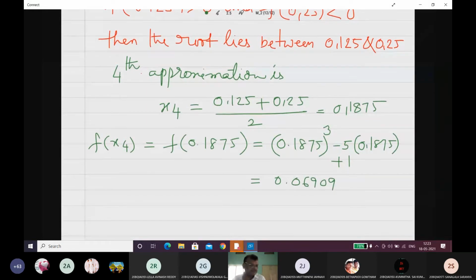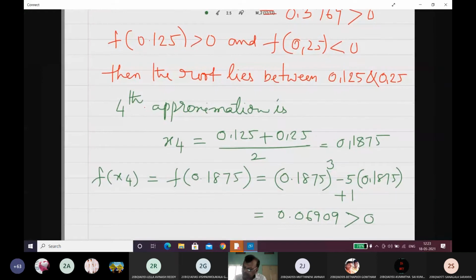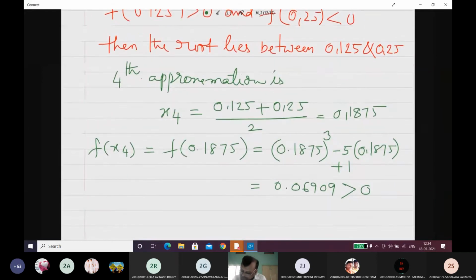Again positive. So positive and negative root ఎక్కడ ఉంటుంది మనకు? పైన నెగటివ్ దేంట్లో ఉంది? 0.25 నెగటివ్ కాబట్టి ఏమవుతుంది? Therefore f of 0.1875 is positive and f of 0.25 is negative.